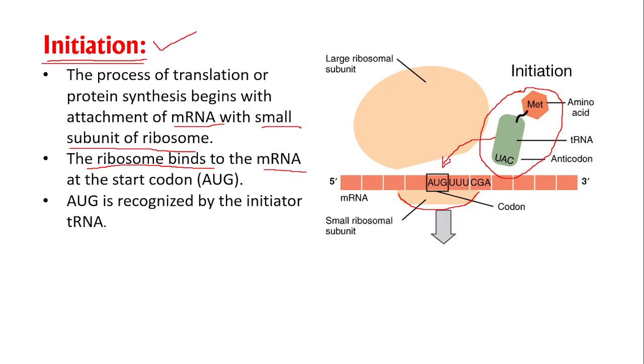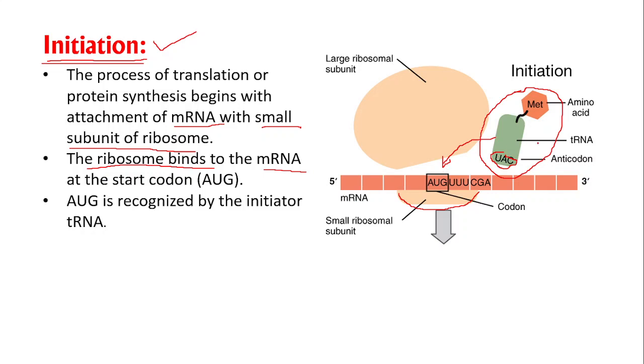In the first step of initiation, the ribosomal smaller subunit gets attached to the mRNA. Soon after the attachment, the activated tRNA having the anticodon for AUG, that is UAC, will come and bind to this region.